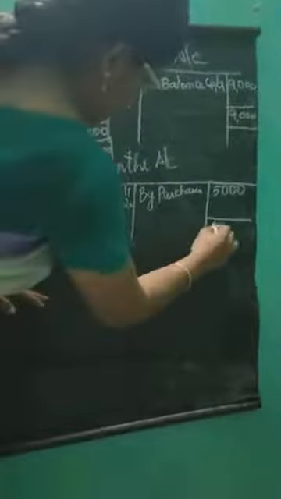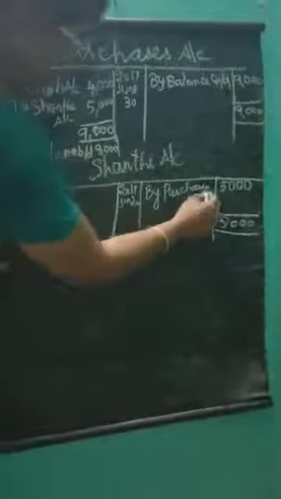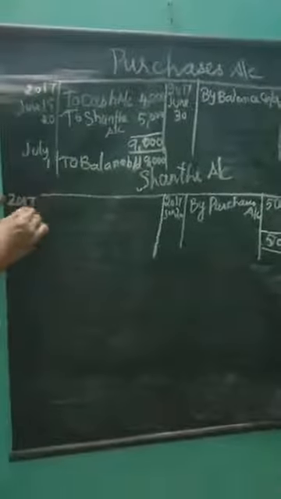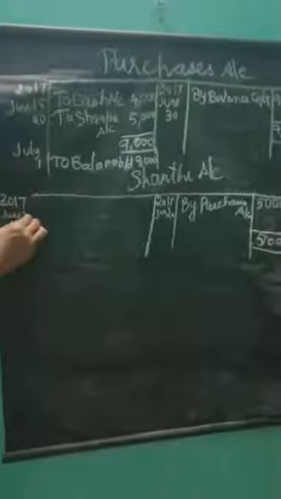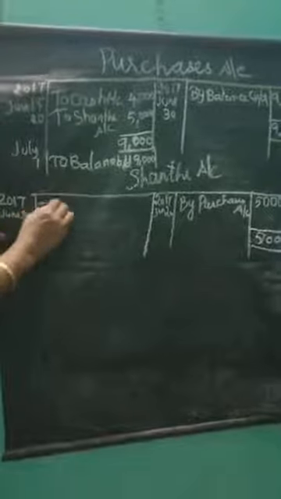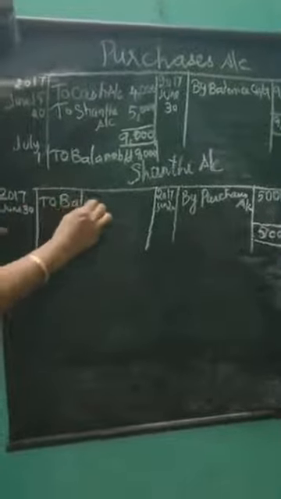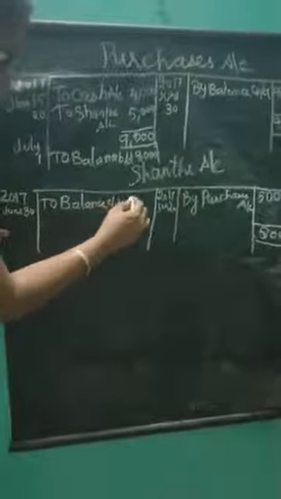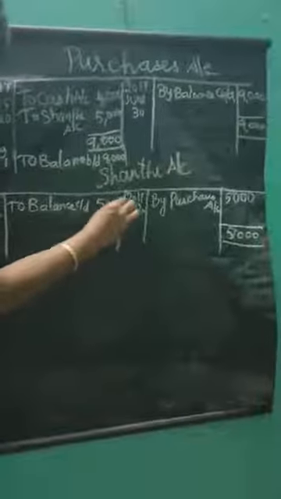Next let us move on to the Shanti account. In the Shanti account we have purchased 5,000 rupees. By purchases account write. Here 2017 June 30 to balance carried down 5,000 rupees.